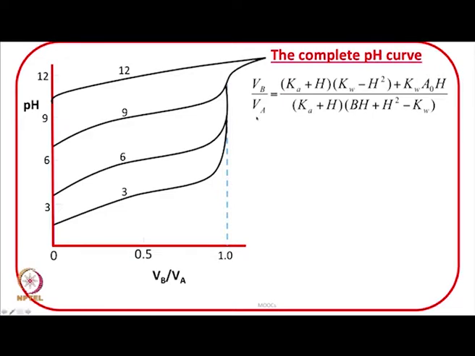For various Vb and Va, you get hydronium ion concentrations for different Ka values, and those can be expressed in terms of pH. Then you generate these pH versus Vb by Va titration curves, and for different pK values you see how the pH will vary. So this is the complete pH curve as a function of the volume of alkali added to the acid.